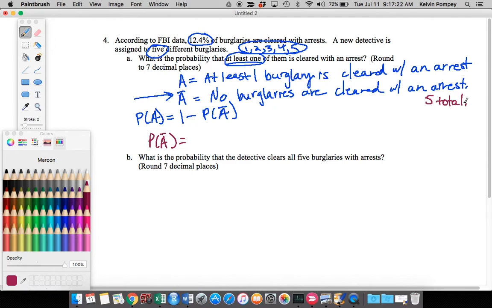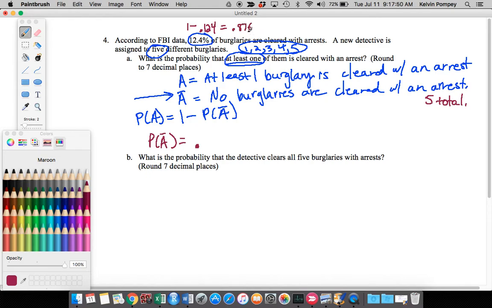All right, these burglaries are independent, and so if I want to know the probability of getting no burglary cleared, I'll just do 1 minus the probability that the burglary will be cleared with an arrest, which is 0.124, and that is 0.876.